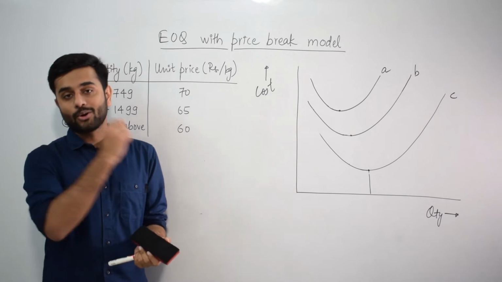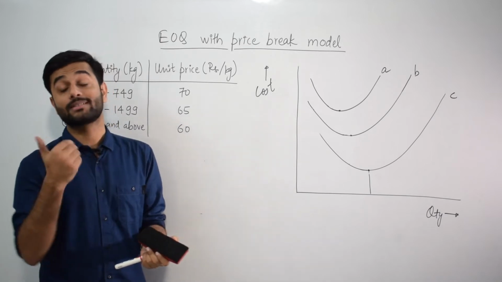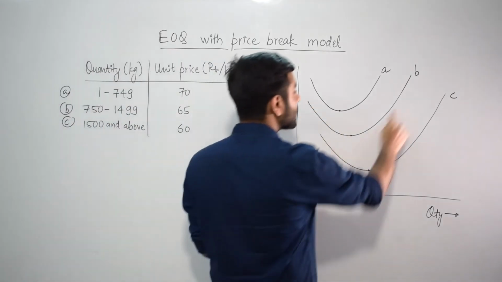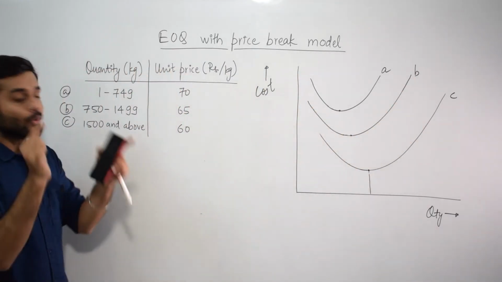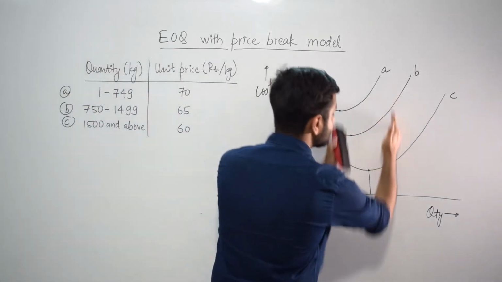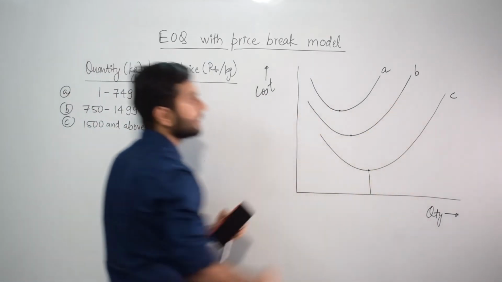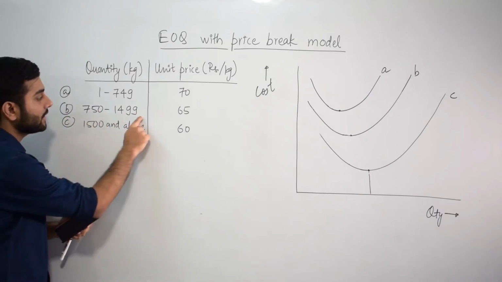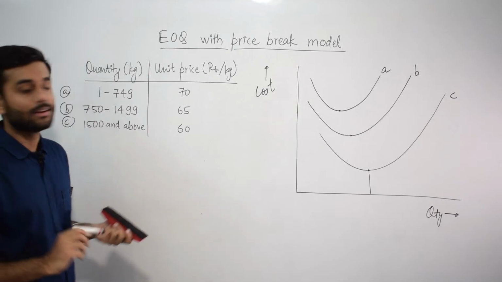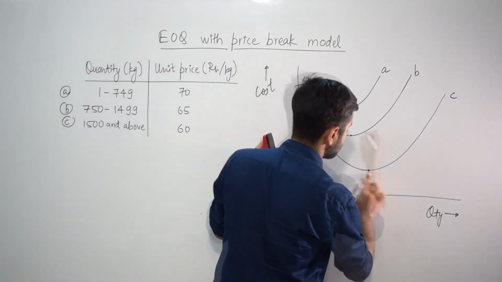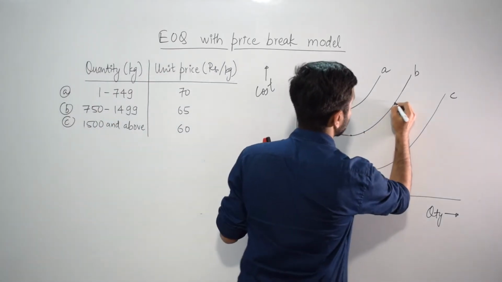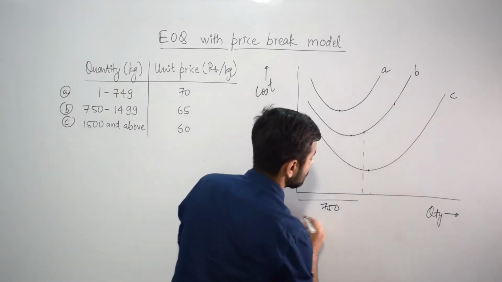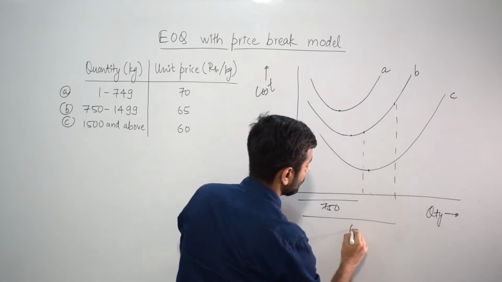Why? Because it has given you some slabs of quantity. You do not have this whole curve with you in the question. You only have this curve for a range of quantity. The curve B is only for a quantity of 750 to 1499. Maybe this is representing 750 and maybe this is going to be 1499.